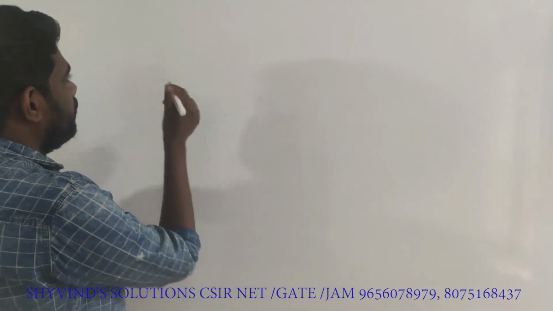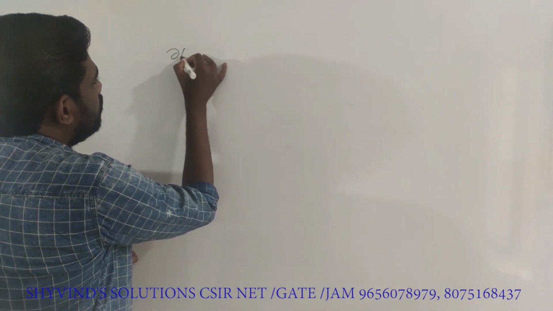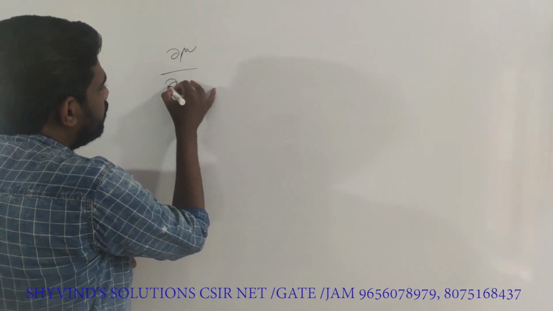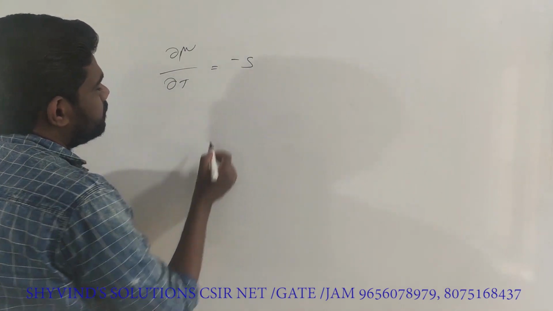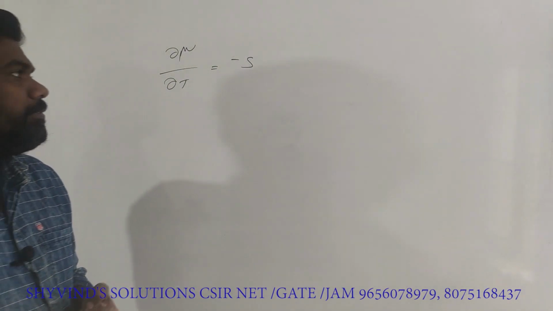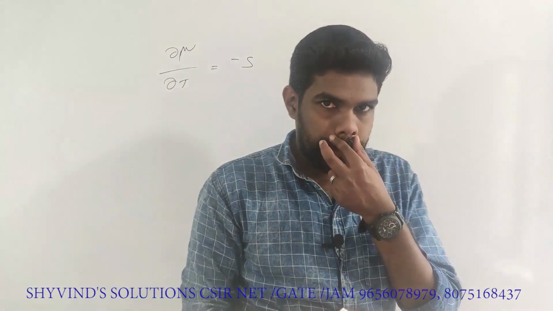To solve this question, we should know the relation between mu, that is chemical potential, T temperature, and S entropy. So what is the relation between these three? The relation is dou mu divided by dou T equal to minus S. This is the relation between chemical potential, temperature, and entropy.